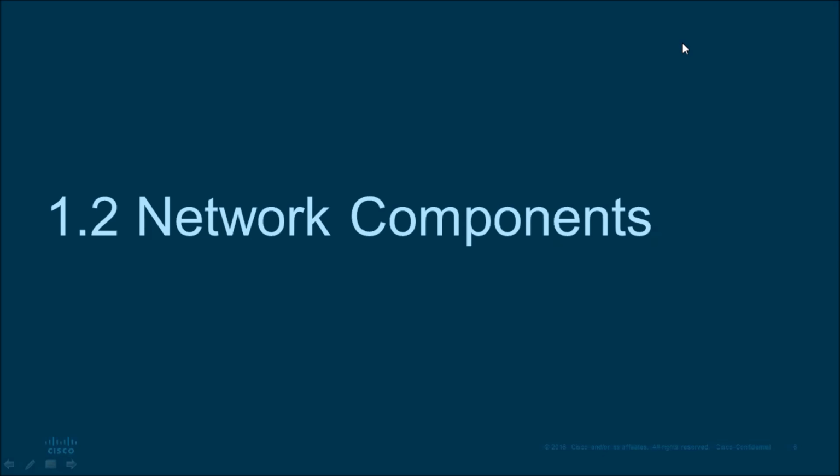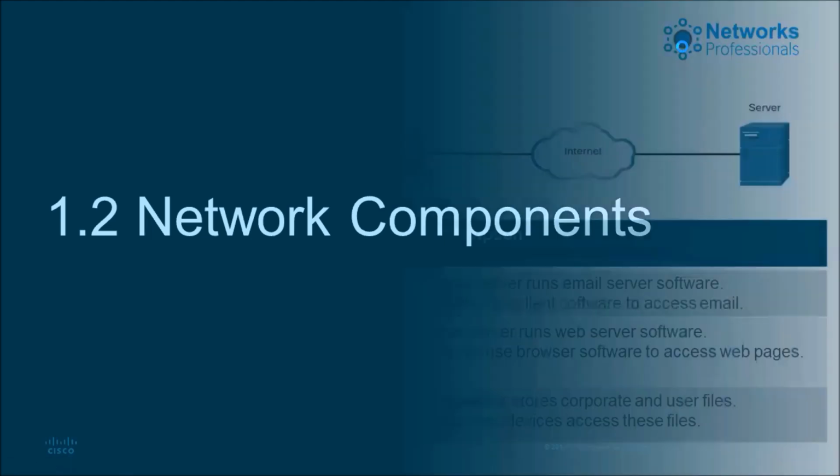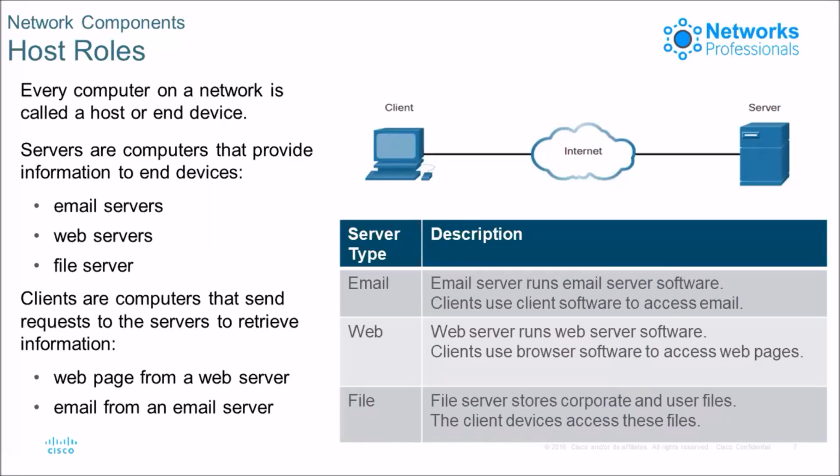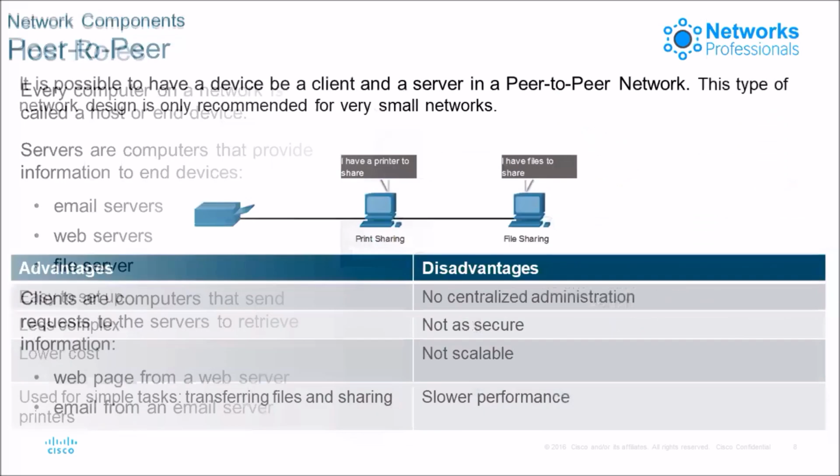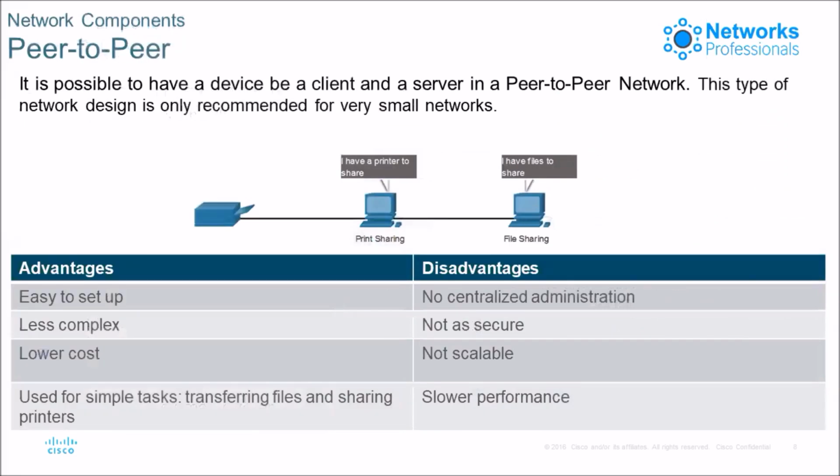In our previous lecture, we discussed network components like host and client devices, like server or client. We also discussed different types of networks, like peer-to-peer network and server-client model.